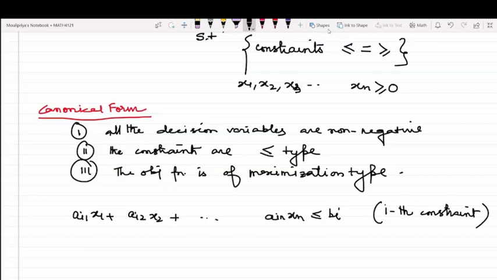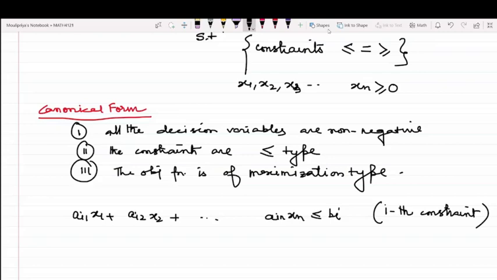Now, can you just tell me one thing? How can we convert this kind of less than equal to type constraint to an equality? See, what we can do is, we can add a non-negative quantity towards the left so that the inequality becomes an equality.